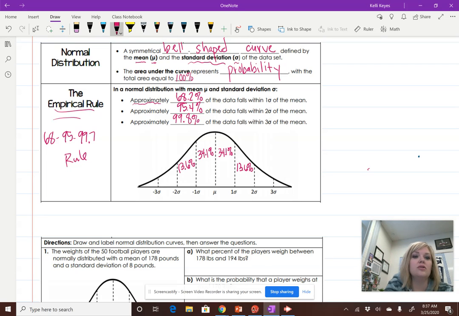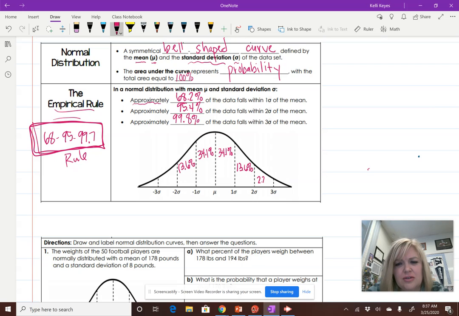I would like you to just memorize this overall rule, like these numbers, but then the individual sections, totally use your notes for it, because I just want you to understand how it works and answer the questions using your notes, okay? Even if I said you couldn't use your notes, you guys probably would, so let's be honest. All right, and then this section right here is going to be 2.2%, and then this little section right here, which I'm going to draw an arrow to, is 0.1%.